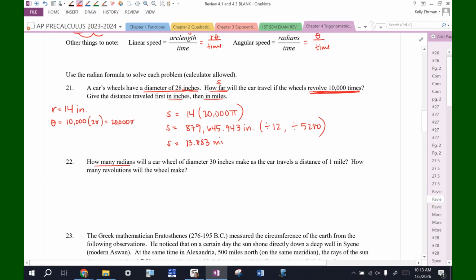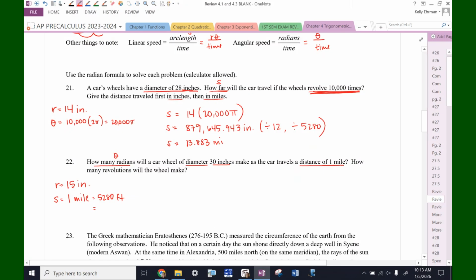How many radians, find theta, will a car wheel of diameter 30 inches, so R is 15 inches, make as the car travels a distance of 1 mile? Distance is always arc length, but we can't have miles and inches together. So 1 mile is 5,280 feet.